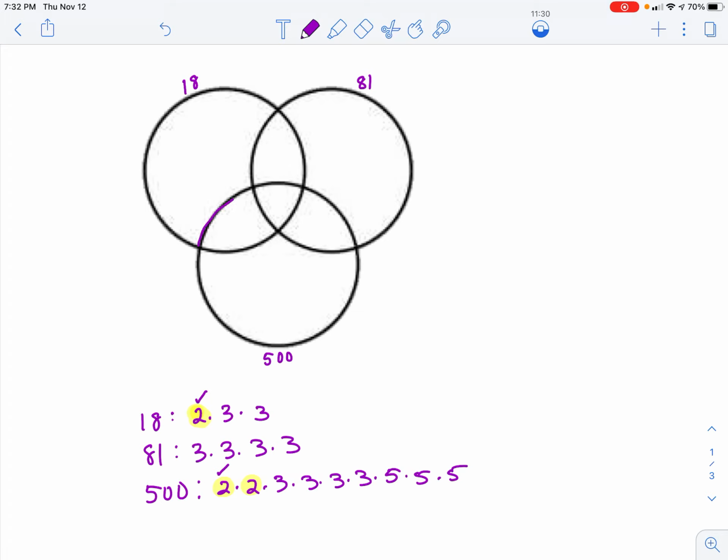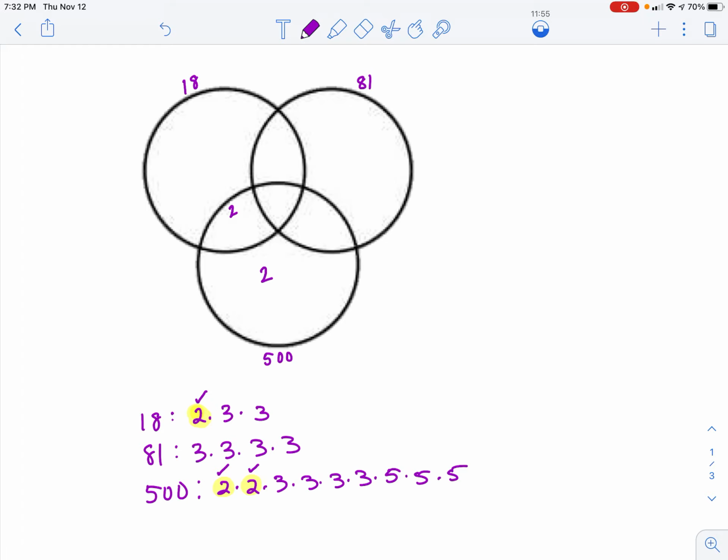So that would be this section right up here, where the circle for 18 and the circle for 500 overlap. In that little spot, I'm going to put one of those 2's. I'm not going to write it in both of them because it overlaps and represents just one of those 2's. I also have another 2 here that should be in the 500 alone.